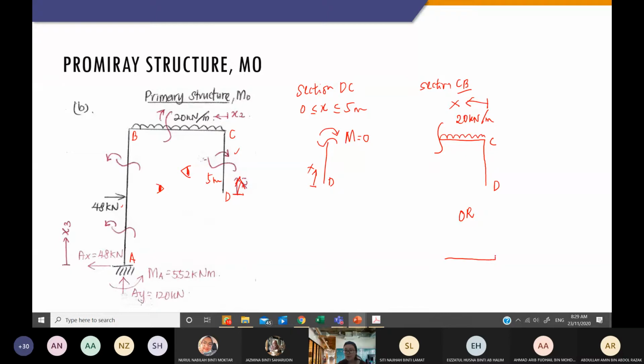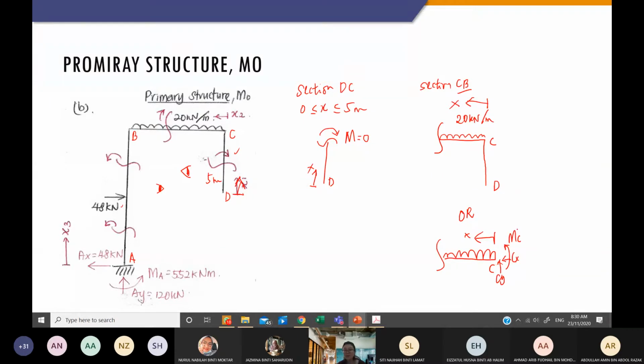If you only want to put it this way, there is no problem, but you need to make sure that, because you are cutting again at C, all the axial force, shear force, and bending moment acting at C must be drawn in this free body diagram. So here you are going to have CY, CX, and also MC. You need to determine these forces at C.